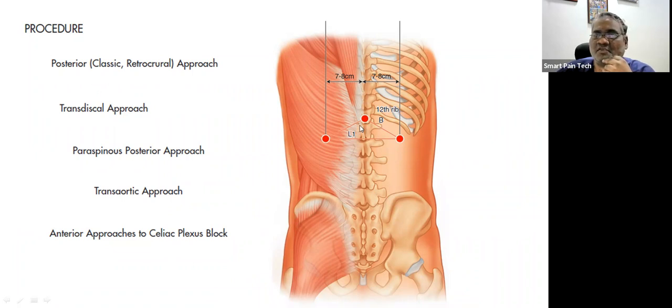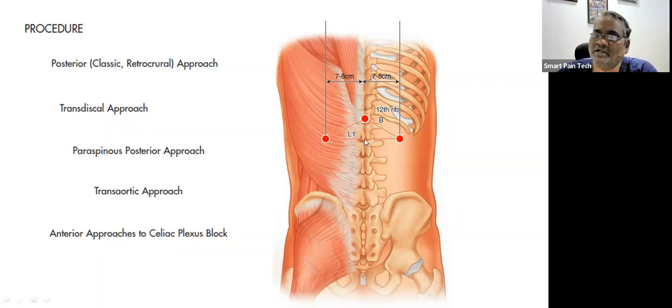This approach is what we call the Moore's triangle. From the 12th thoracic vertebra spinous process, T12, and from L1 we draw a horizontal line almost 7 to 8 centimeters away from the midpoint on both sides, and we draw an angulated line which bisects this horizontal line and the tip of the T12 spinous process, and this forms an isosceles triangle.